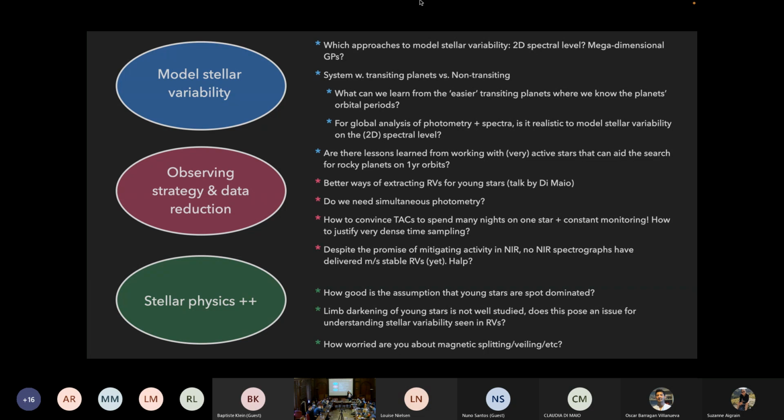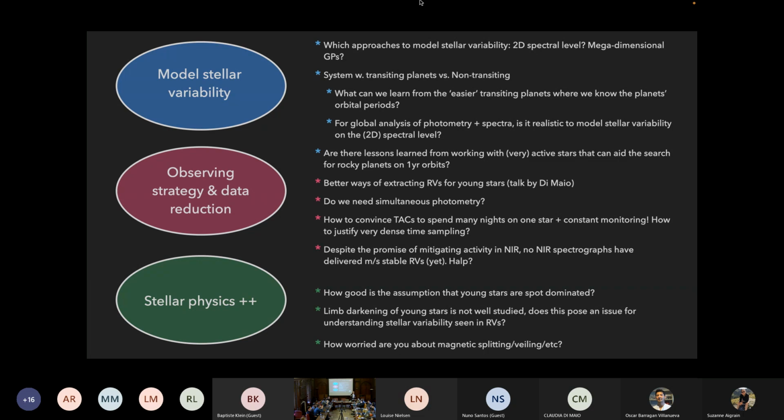There's just so much information there that we don't have yet, that if you're wanting to sell it to a TAC, you need a whole lot of time to do these observations. The more science you can pack in from the one data set, the better. So I'd be advocating that whenever you're going to observe a young star with spectroscopy, do it in polarimetric mode and get all of that additional information at the same time.